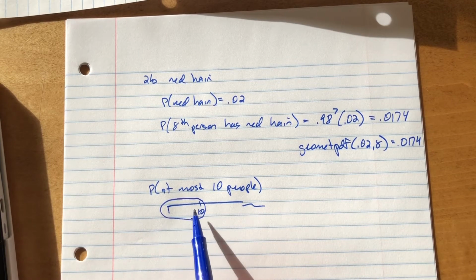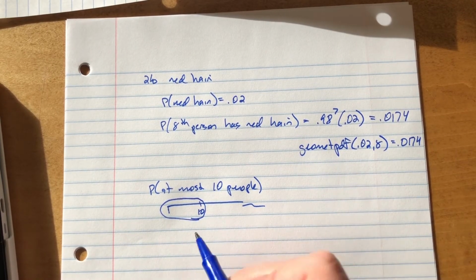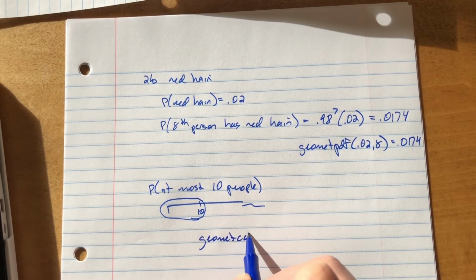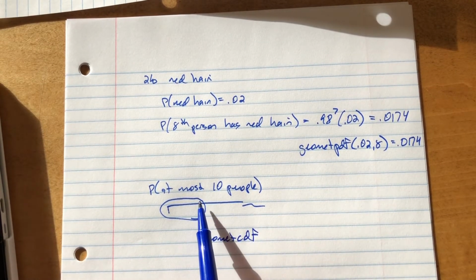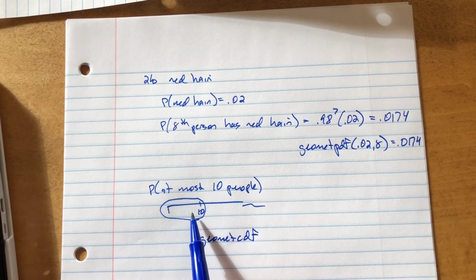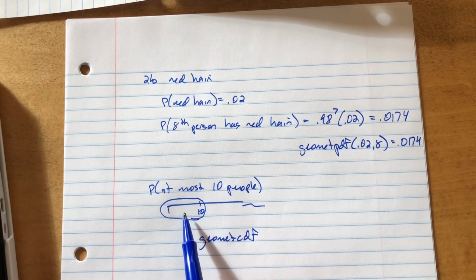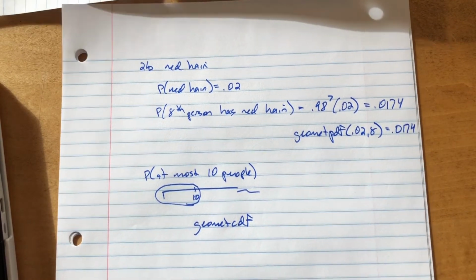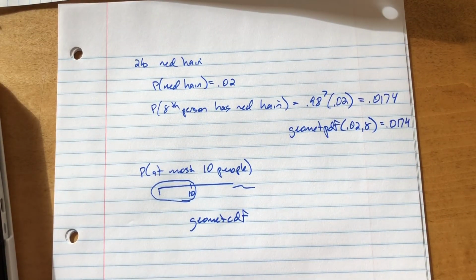So I'm going to use my Geometric CDF to accumulate the probabilities of asking 10 people, the 10th person has red hair, which means the nine do not. The 9th person has red hair, which means the first 8 do not. The 8th person has red hair, which means the first 7 do not. That would take a long time, okay? Not that it's undoable, but this is a lot faster.